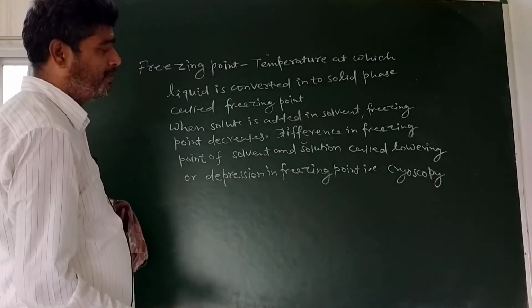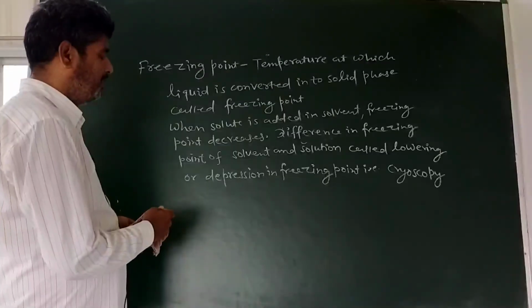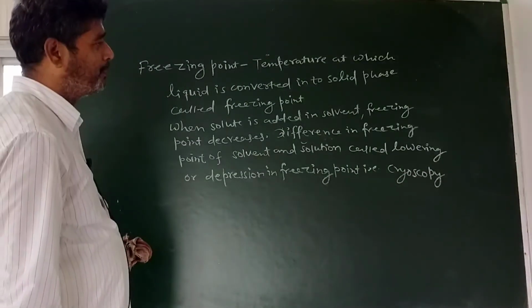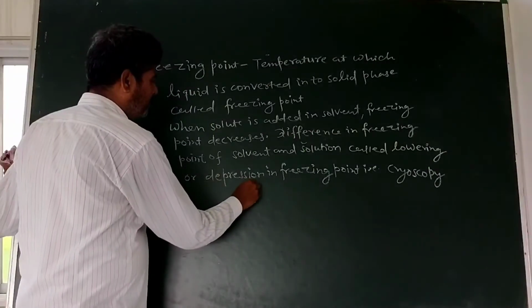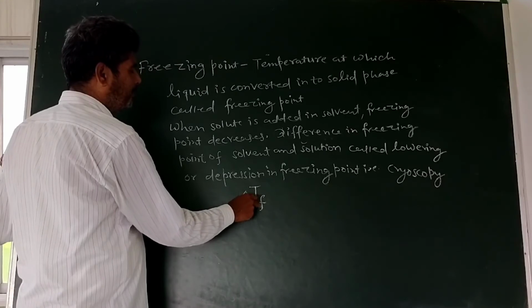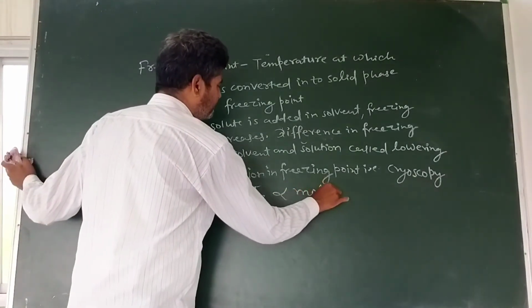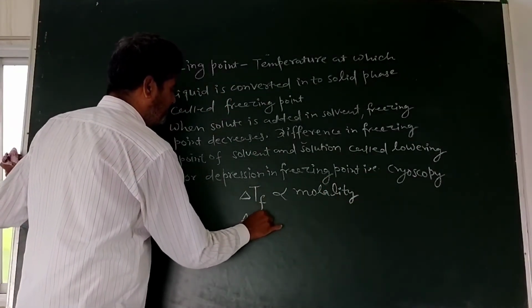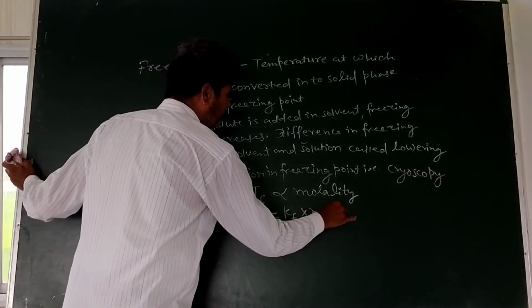From experimental observation, it has been seen that the difference in freezing point is directly proportional to the molarity of the solution. Delta Tf: delta means difference, T means temperature, f means freezing point, proportional to molarity. Delta Tf is equal to Kf into molarity.